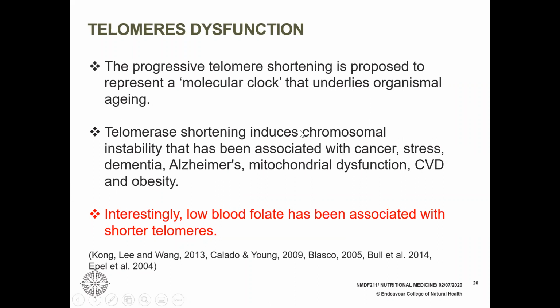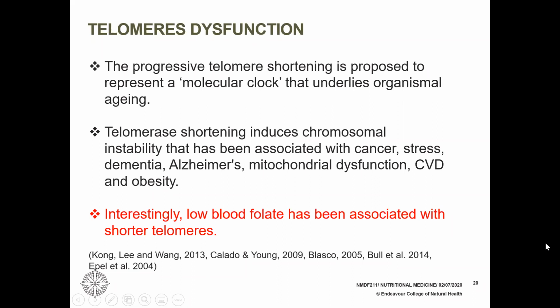And then a lot of data is coming from the Adelaide CSIRO Nutrigenomic Lab, because I was there and I saw it all happening. They did a lot of experiments in the Petri dish, and they allowed telomeres to grow in the presence of different concentrations of folate and even B12.